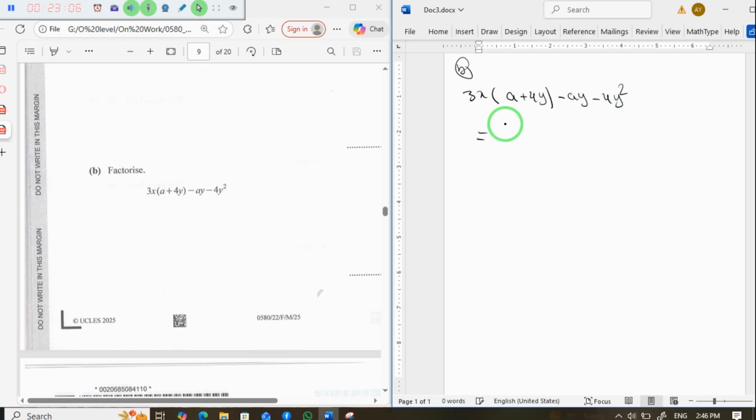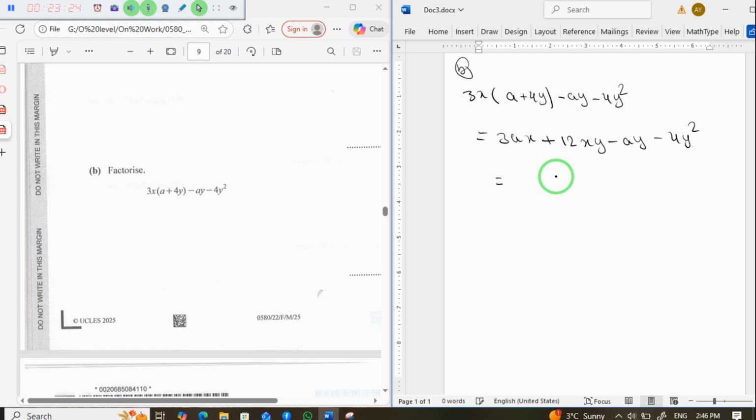First we multiply 3x by a, 3ax, plus 3 multiplied by 4, 12xy, minus ay minus 4y square.